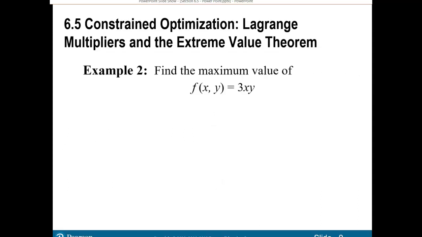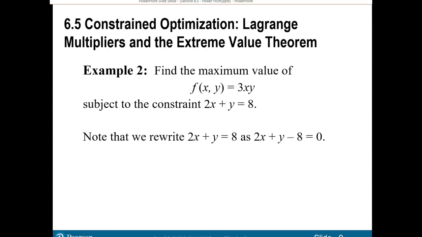All right, another one. Find the maximum value of f of xy equals 3xy, subject to the constraint 2x plus y equals 8. So we're going to, again, rewrite our constraint as if it were set to 0: 2x plus y minus 8 equals 0.